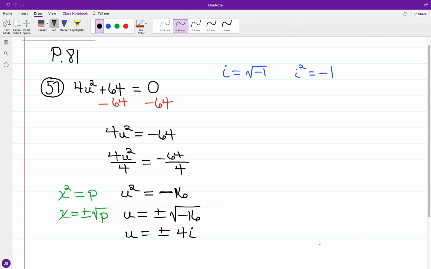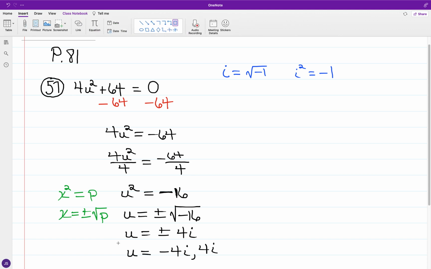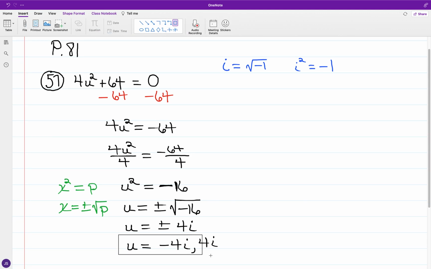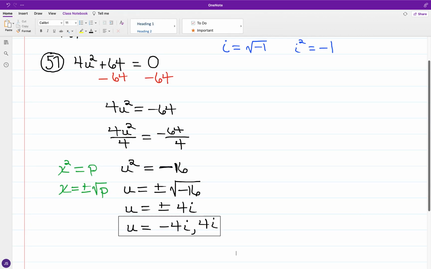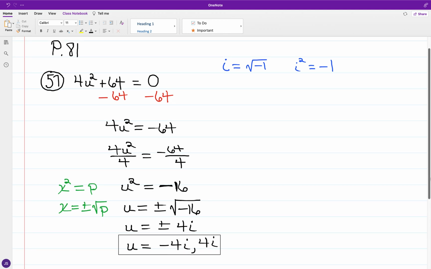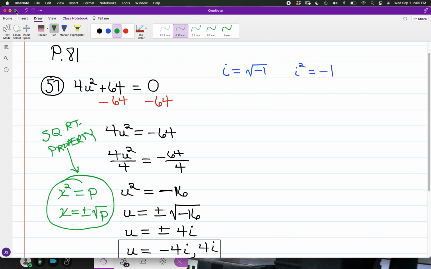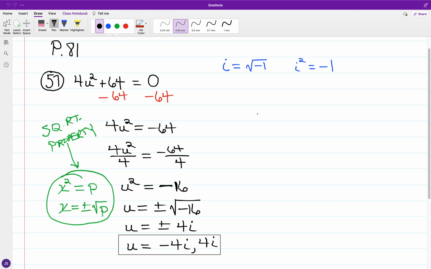So the roots in this case are going to be additive inverse complex numbers, 4i as well as -4i. So we have complex roots exclusively, and we will encounter equations that will have a blend of both real values and complex numbers. Now, for number 58.